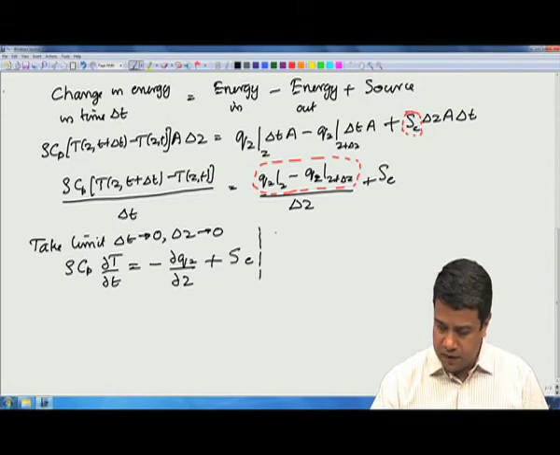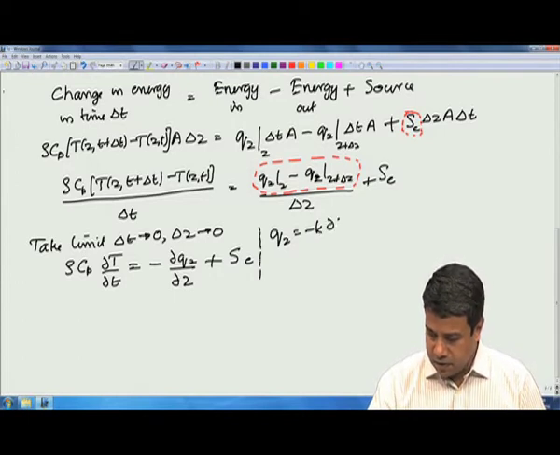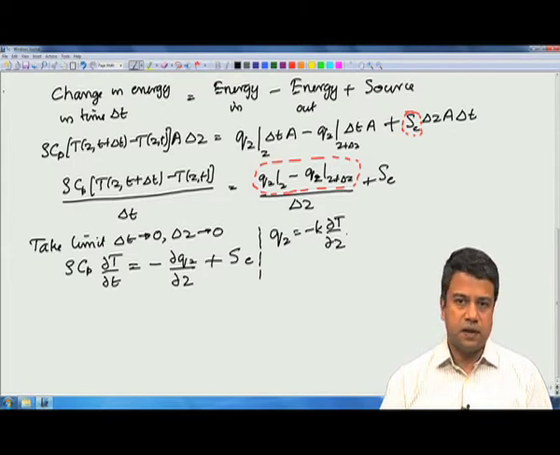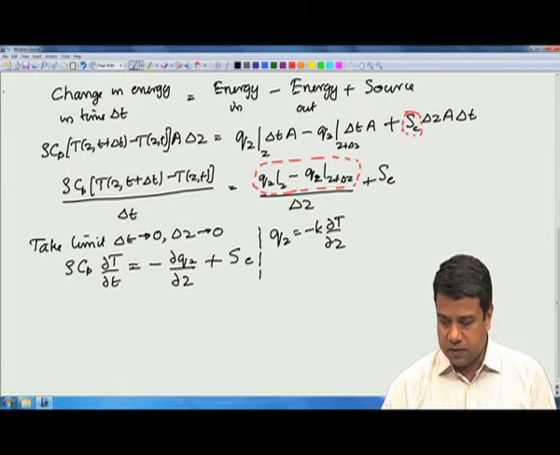We know that the flux was equal to minus k times partial T by partial z. That was Fourier's law for heat conduction. Okay, flux was equal to minus k times partial T by partial z.